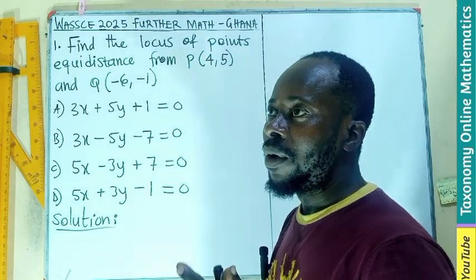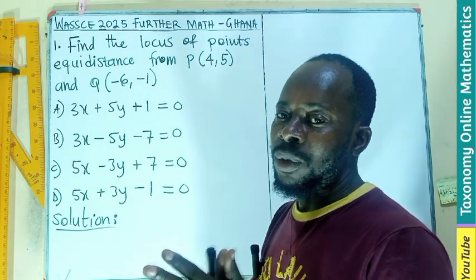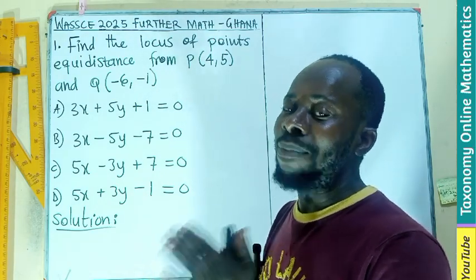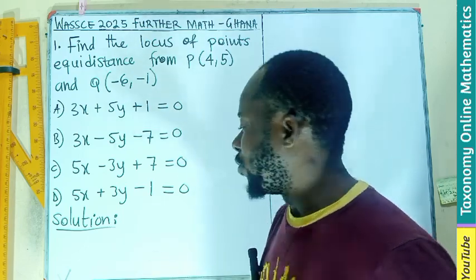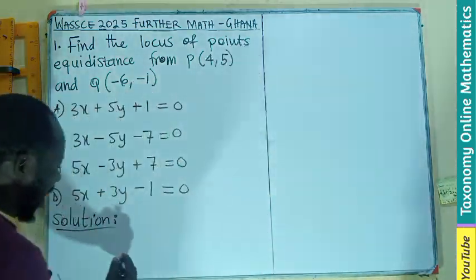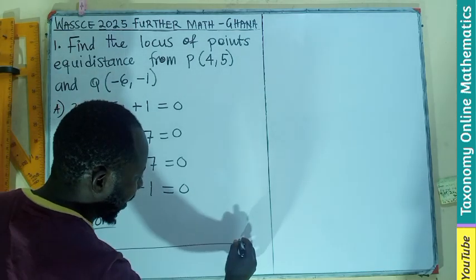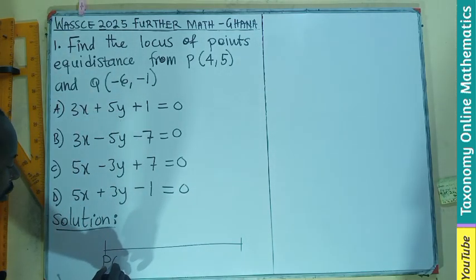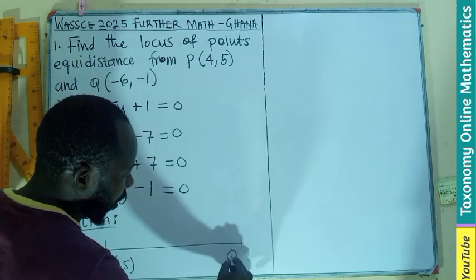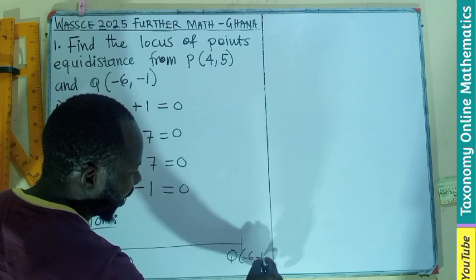If you are looking for the locus of a point, we are looking for the perpendicular bisector. If you can remember your lessons on geometric construction, P has coordinates (4, 5) and Q has (-6, -1).